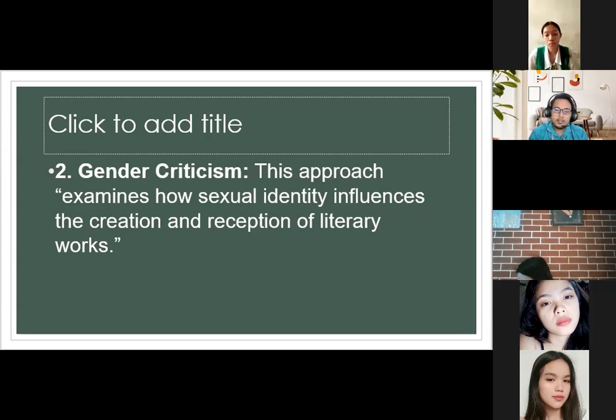Gender criticism today includes a number of approaches. There are many under gender criticism, like feminism and masculinism. But first, let us define or explain what gender criticism is when it comes to writing a critic.